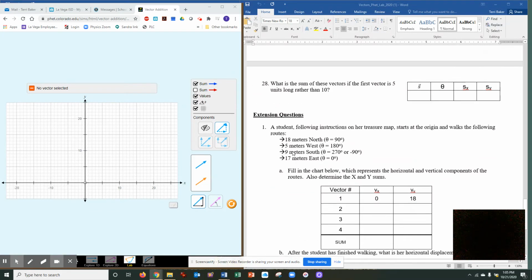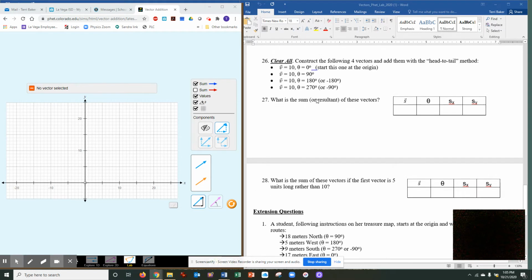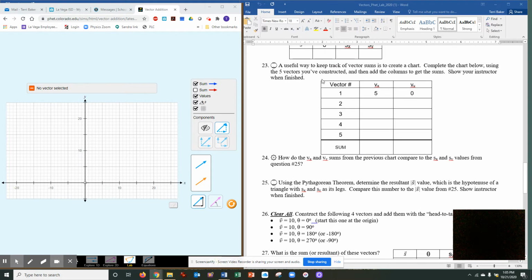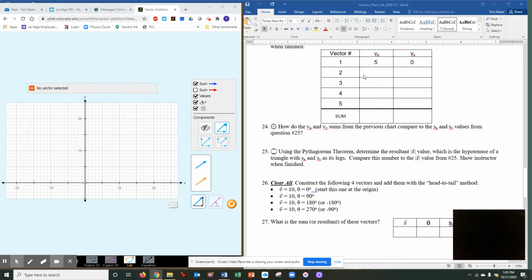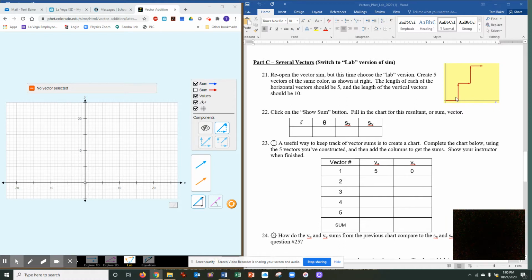Okay, my lovelies, I left you yesterday, or the last recording, with you filling in these sample problems. In this one, you added several vectors by lining them up, head to tail, and then you found the resultant vector from where you started to where you ended up.